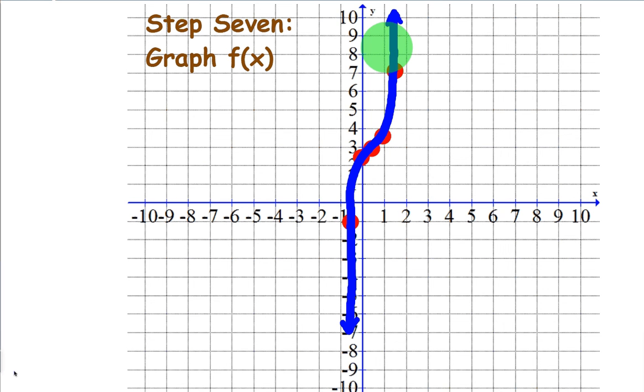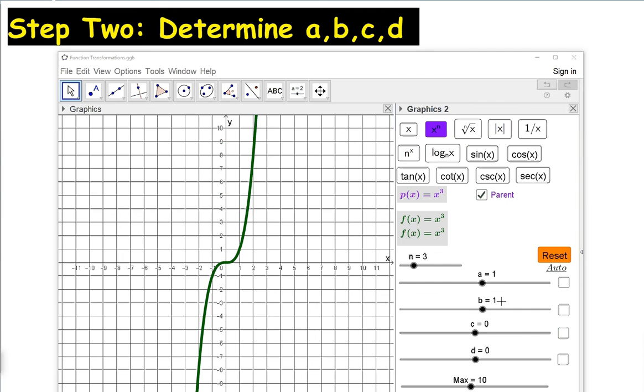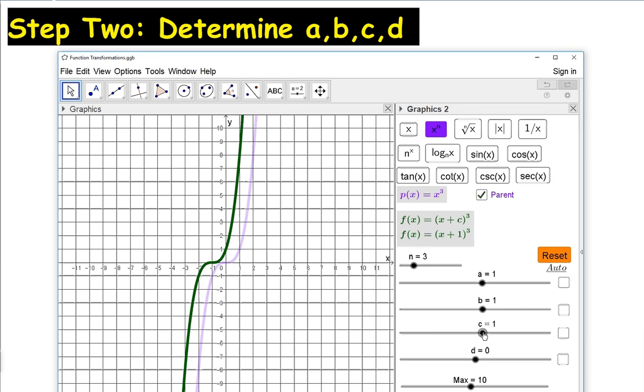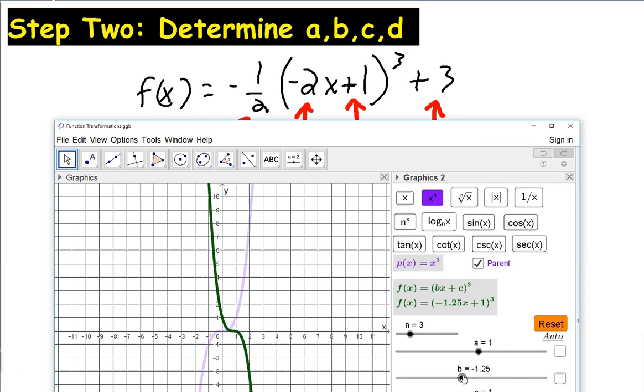Now, why does it look this way? Alright, so I'm going to take my original graph and transform it in order. So first of all, I'm going to make c equal to 1, and we're going to see it's going to shift 1 to the left. Alright, then we're going to make b equal to negative 2.